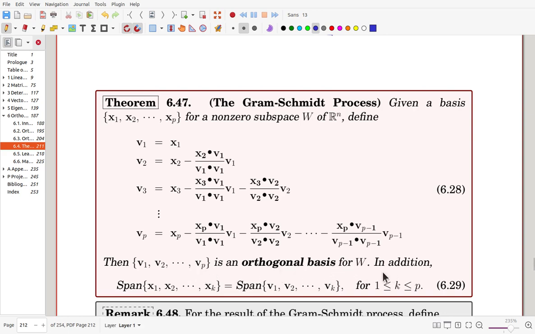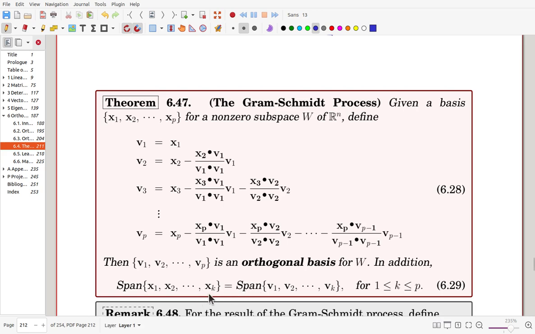In addition, for any intermediate level k, the span of x1 to xk and the span of v1 to vk must be the same, because the vi's are obtained as linear combinations of the xi's, so these two spaces must be the same.